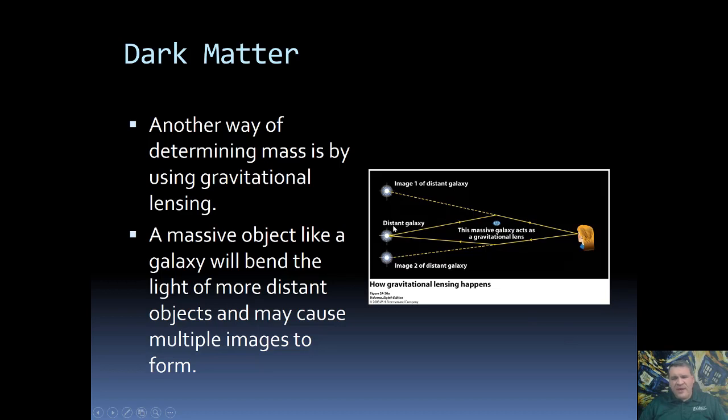So, for example, here we have some very distant object, we have a massive galaxy, and then here's our point of view. Because of the gravitational pull of this galaxy, this star's light will bend a little bit on either side. So as we look at it, we see a double image of the more distant galaxy.